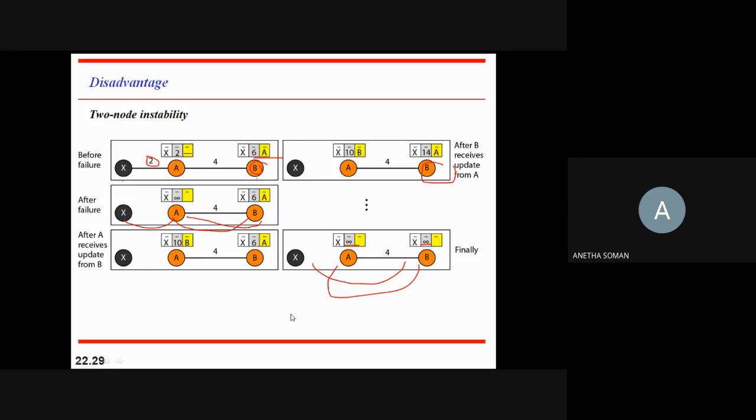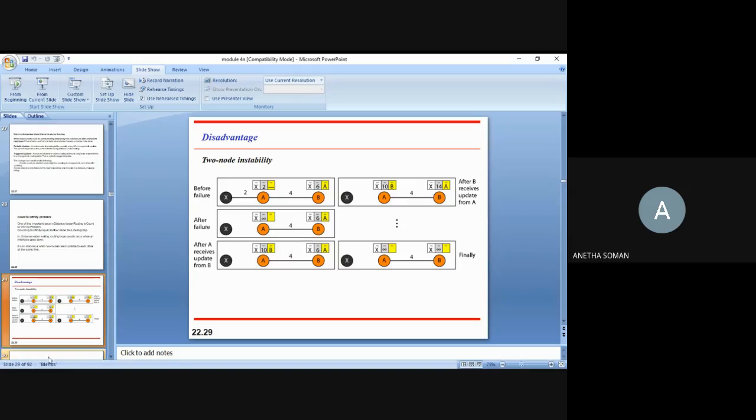So the main issue is called the count to infinity problem. Now what is the count to infinity problem? Suppose a link fails between two nodes. If three nodes are present in a network, and one comes to know that the link has failed, it will update its table.